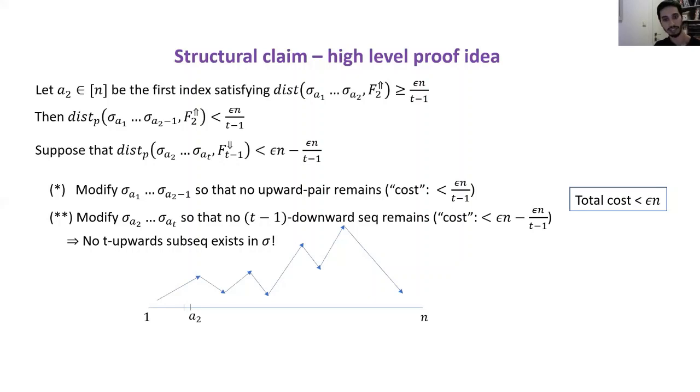That is, we know that the first upward pair must end in A2 or after A2, but in this case, we consider the rest of the t upward subsequence, and we notice that it must start after A2 minus 1, and it is a t minus 1 downward sequence. So this contradicts the double asterisk.